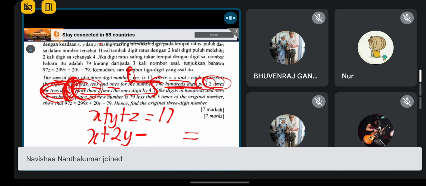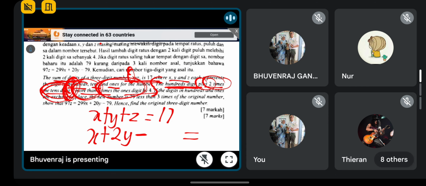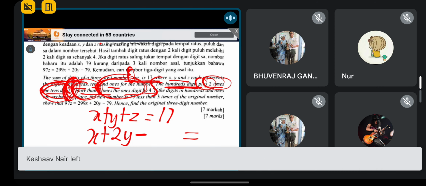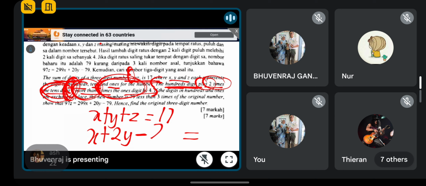Okay, so minus 2 times the ones digit. Can you tell me what is the expression for this? 2 times the 1 digit. Cuba bagi tahu ungkapan bagi pernyataan tu. Yes, very good. Minus 2z. Okay, so it's equal to 4.